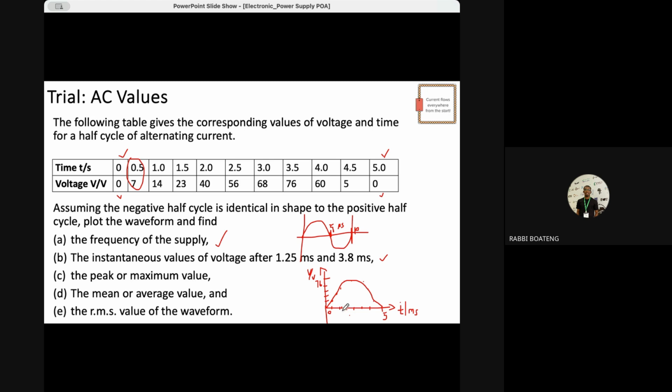Let's say 1.25 is around this end. Trace it and let it meet the curve here. Then trace it towards the voltage part and tell me what you get for this value. Okay, Sir Ravi, 1.25 milliseconds, I got 20 volts. 20 volts, okay. And 3.8 milliseconds, 70 volts.